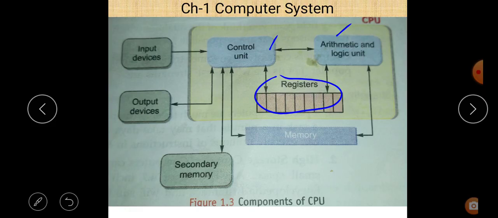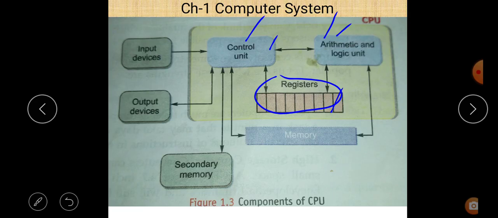Logical operations are related to less than, greater than, less than or equal to, greater than or equal to. And a register is basically a small memory inside the CPU, the smallest memory within the computer system. So these are the basic components: control unit, arithmetical logic unit, and register.